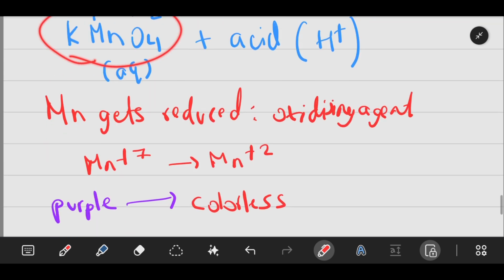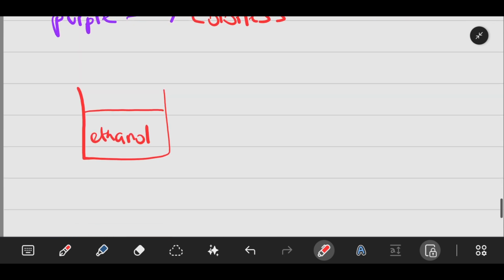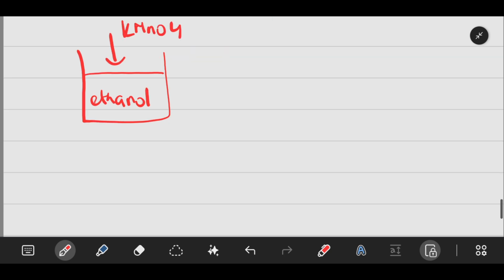Acidified aqueous potassium manganate 7, KMnO4, is a long name. So if I add in this KMnO4 and I heat this by providing heat, the initial color after adding this compound will be purple, right? So this whole solution will turn purple, okay? Let's just color it purple.